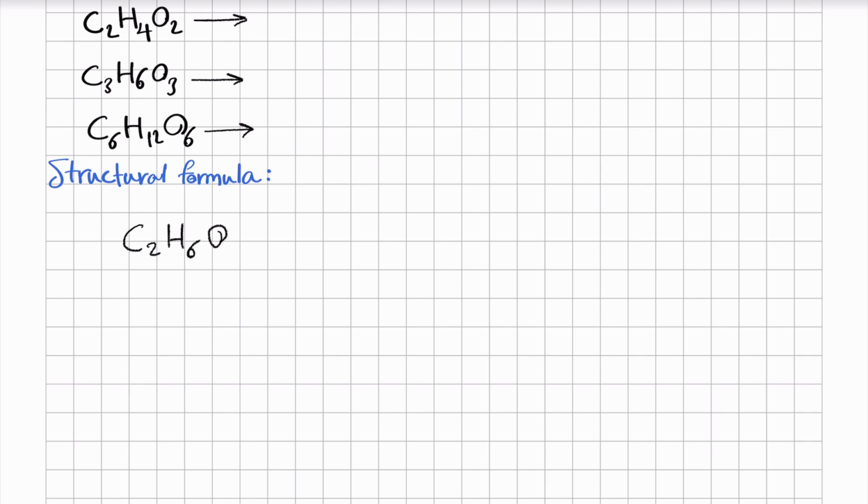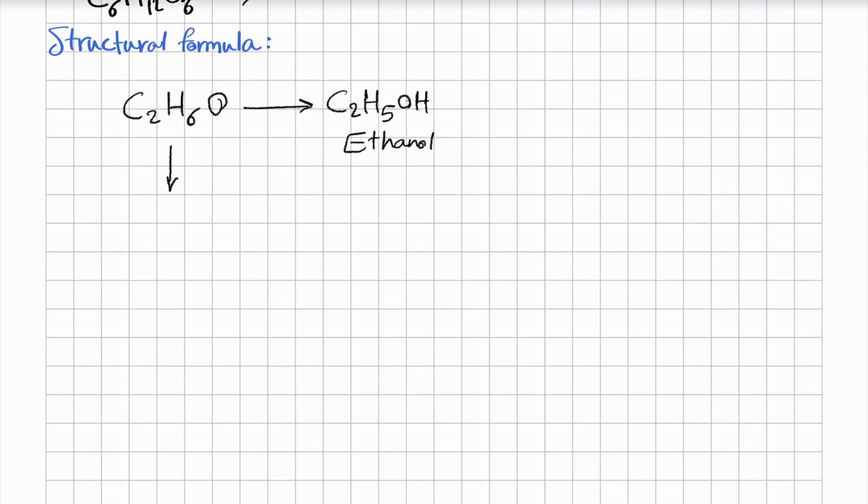For example, I can say ethanol, which is C2H5OH. Fine. So this one is ethanol. On the other hand, we can think of another one, which is CH3OCH3. Actually, this one is dimethyl ether.